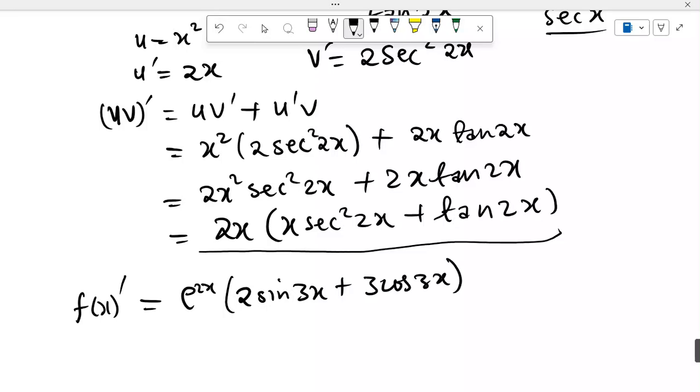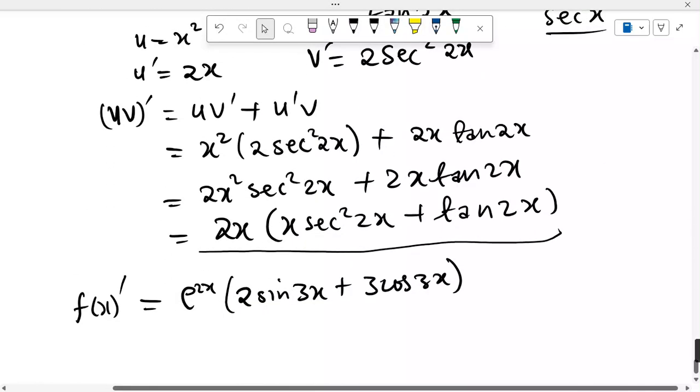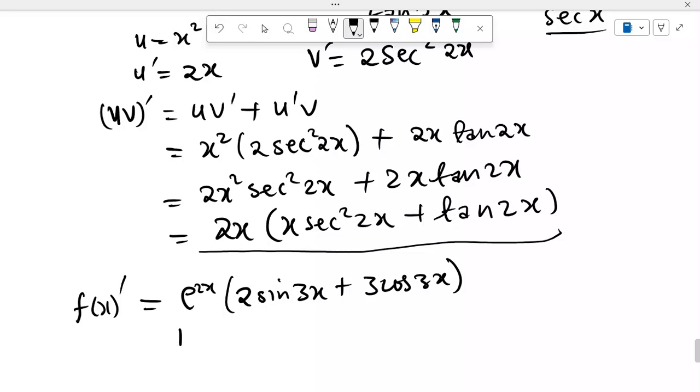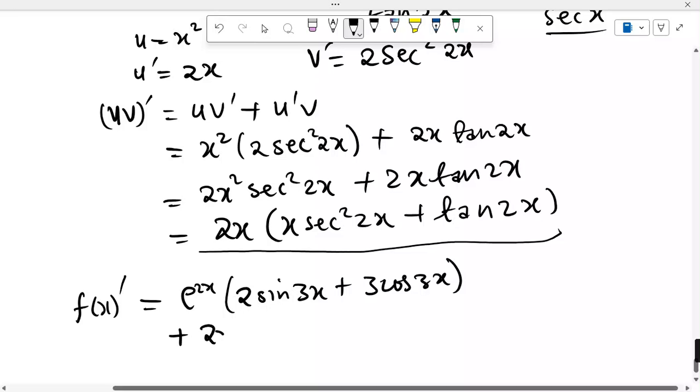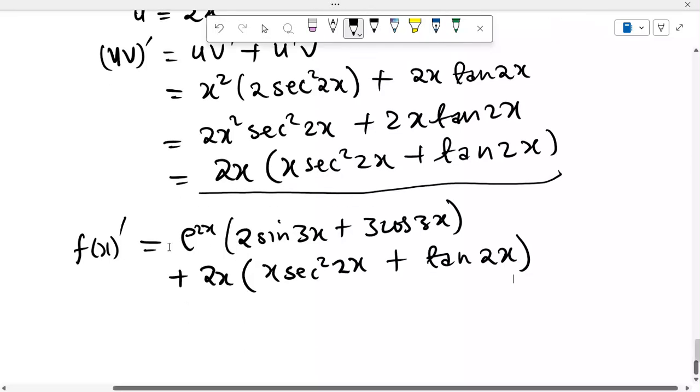Then you add this part because it's one function: 2x squared sec squared 2x plus 2x tan 2x. Yeah, so this is your answer.